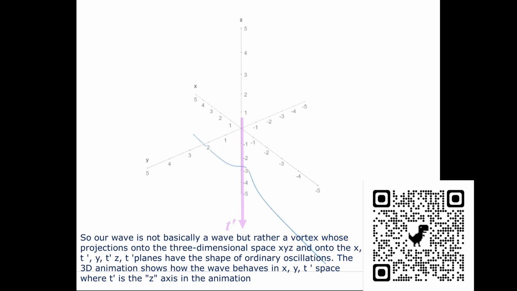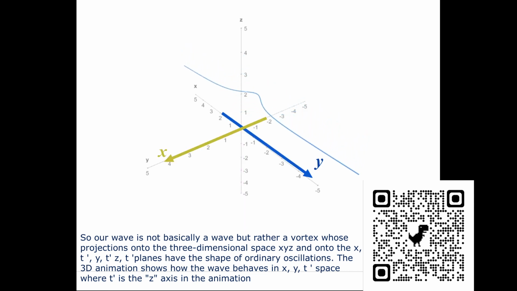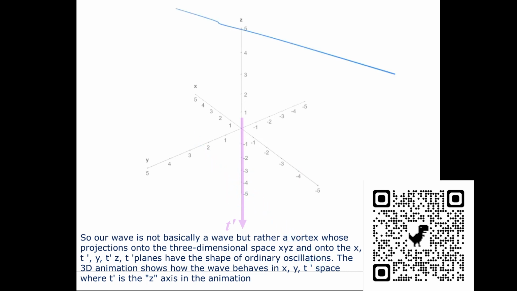So our wave is not basically a wave, but rather a vortex whose projections onto the three-dimensional space xyz and onto the x t', y t', z t' planes have the shape of ordinary oscillations. The 3D animation shows how the wave behaves in xy t' space, where t' is the z-axis in the animation.